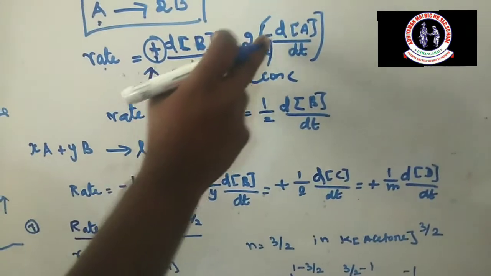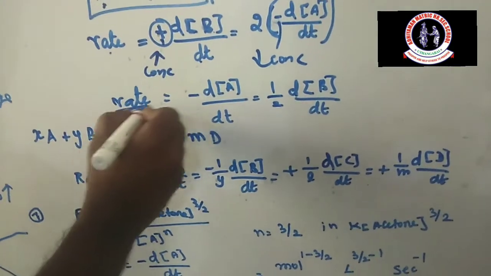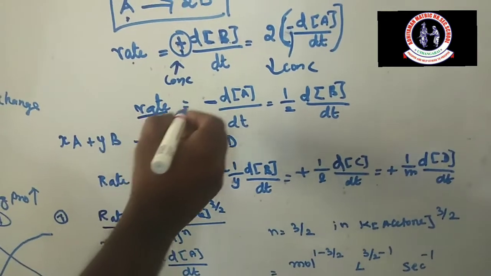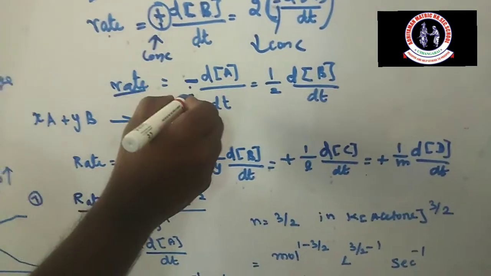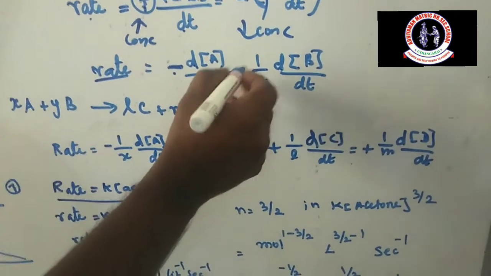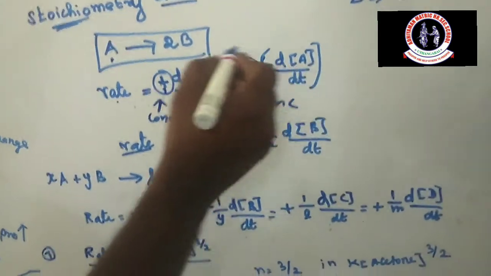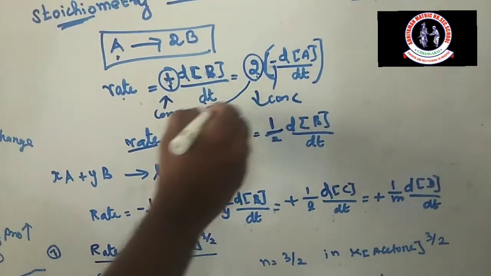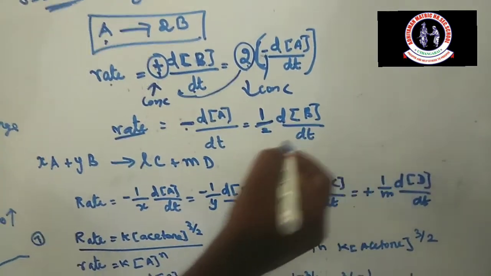So the rate is equal to minus d of concentration A by dt, and 1 by 2 d of B by dt.